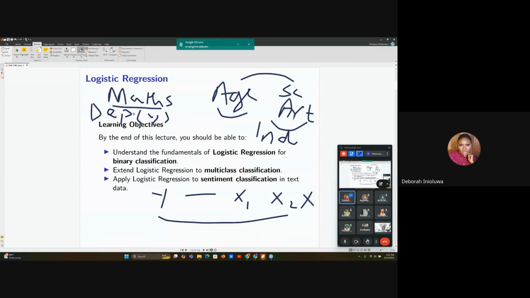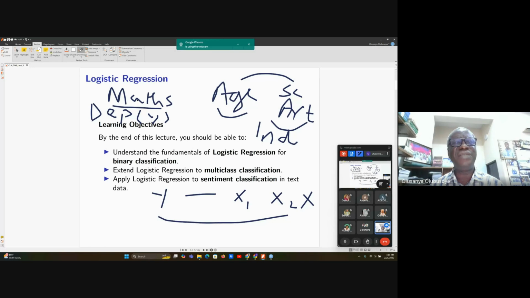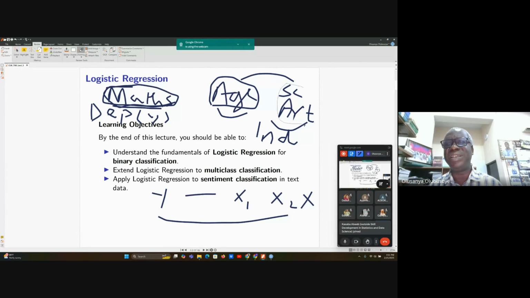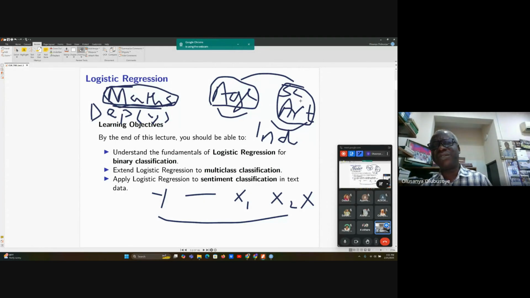Yes, sir. So what I said was that if we believe that a student's grade in mathematics is determined by the age and also the area of specialization of the student, or the faculty, the discipline or the focus of the student, then mathematics is being influenced by these other two.